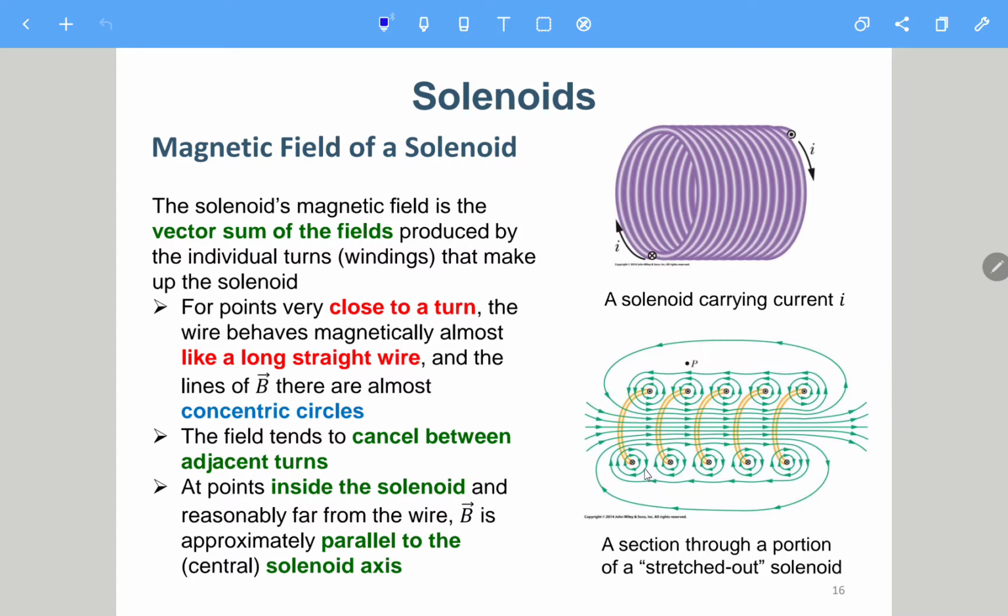For example, if we consider the point near here, the fields tend to cancel between adjacent turns.